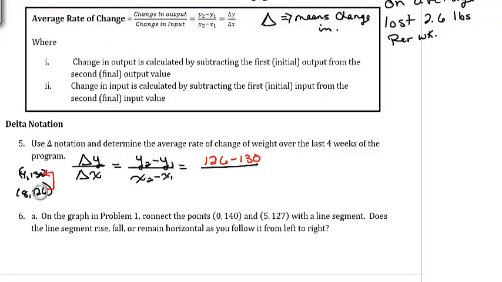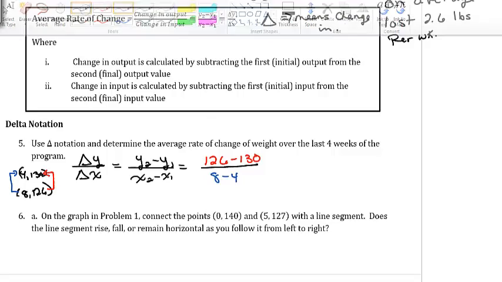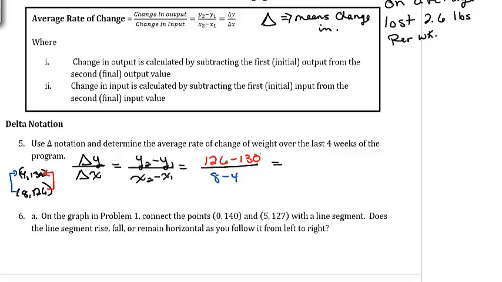So I did this bottom number minus the top number, so you need to do the x's in the same way. So do 8 minus 4. And 126 minus 130 gives us a negative 4, and 8 minus 4 gives us 4. And so we get negative 1.